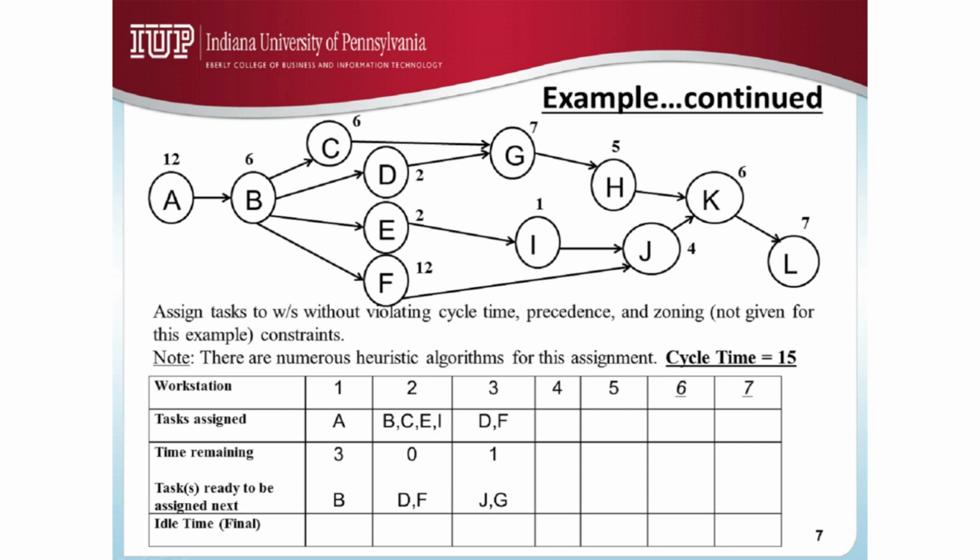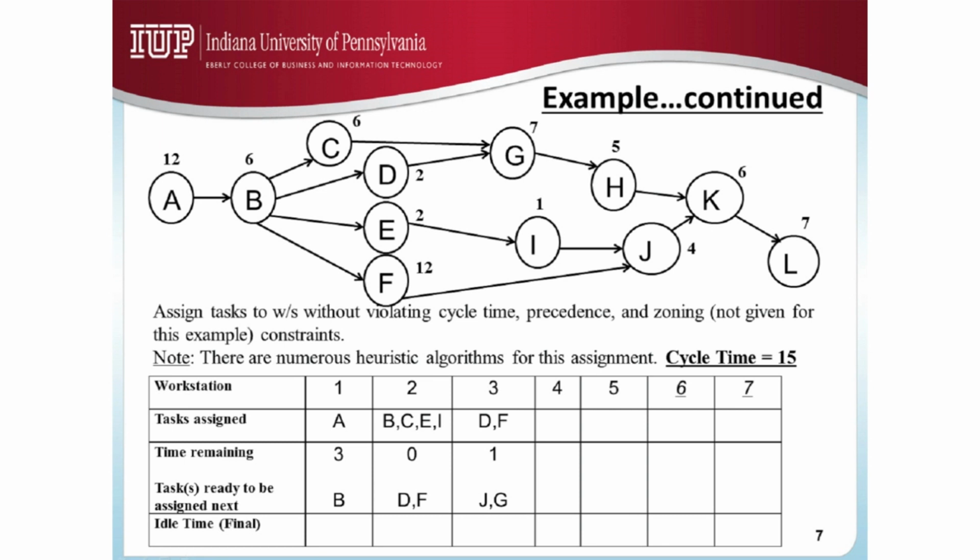Now that you have assigned D and F, you are ready to assign G, whose predecessors are C and D. They are both assigned. J, whose predecessors are I and F. They are also already assigned. So now J and G, J takes 4 minutes, G takes 7 minutes.